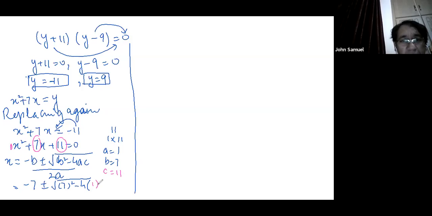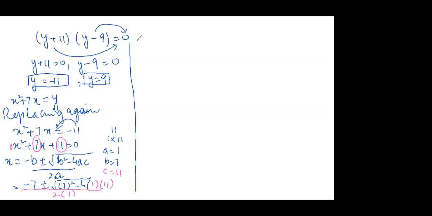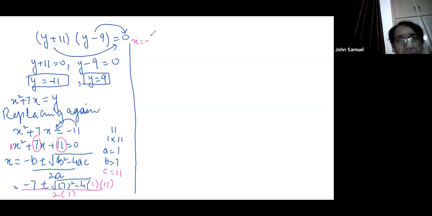Then 7 sevens are 49 minus 4 ones are 4, and 4 times 11 is 44. 49 minus 44 is 5, only 5 we have.